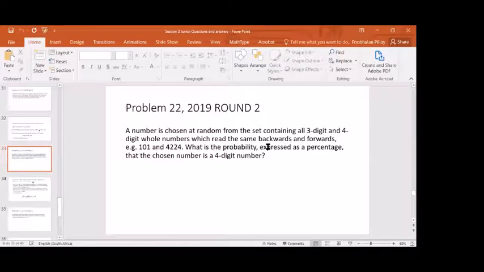the question is, what is the probability expressed as a percentage that the chosen number is a 4-digit number? Okay, now the probability, what do you mean by probability? It means the number of 4-digit numbers.